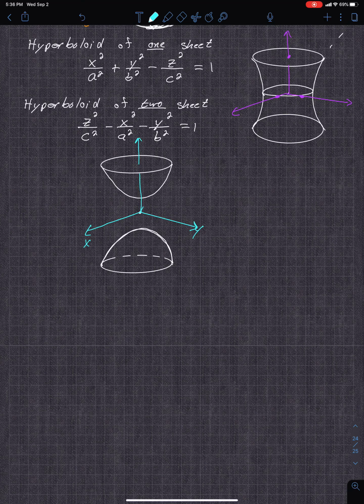So there's your two sheets. Okay, the next one is the hyperbolic paraboloid. Basically, you have to picture a Pringle. This is hyperbolic paraboloid.